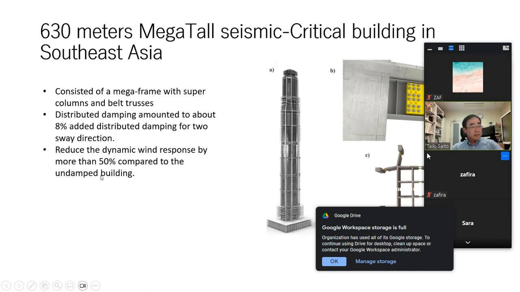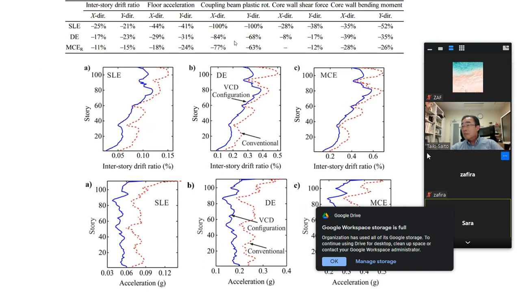And this reduces the dynamic wind response by more than 50% compared to the undamped building. This picture shows the change in the maximum values of peak response indicators of the VCD building along the X and Y directions compared to the conventional building.